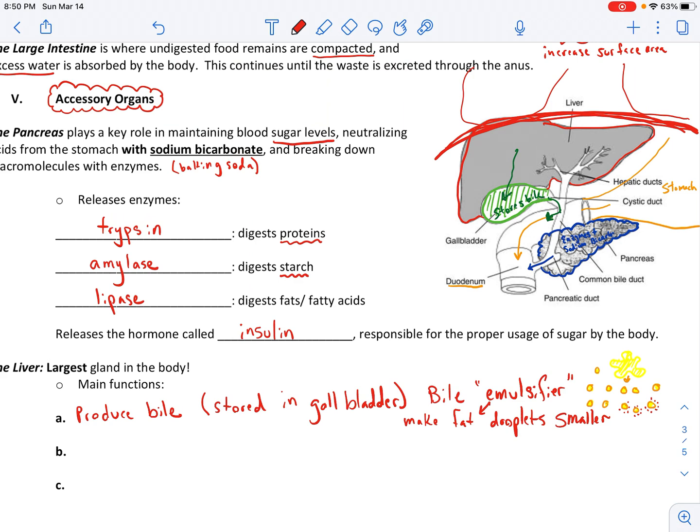The liver helps to detoxify the blood. So, for example, alcohol is processed in the liver and essentially broken down to less toxic substances.